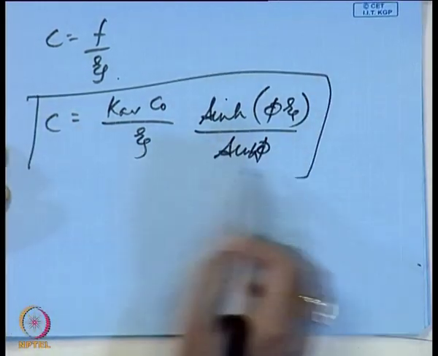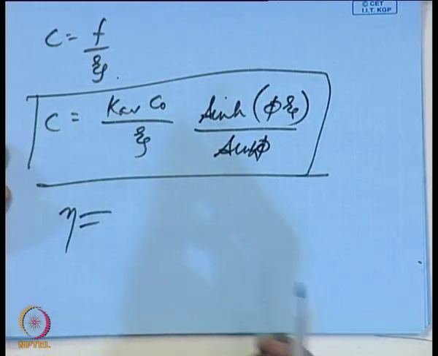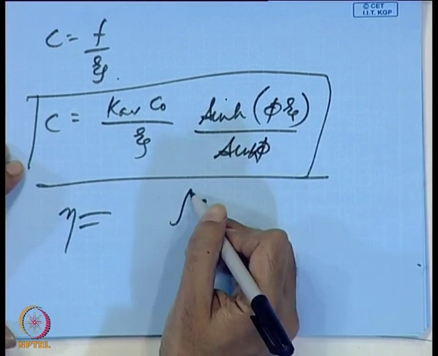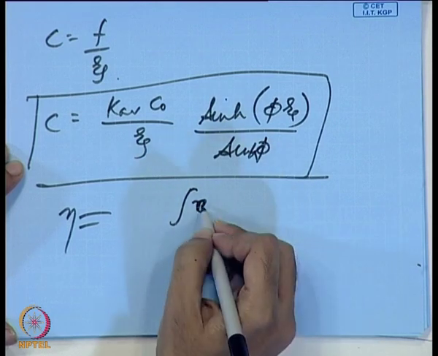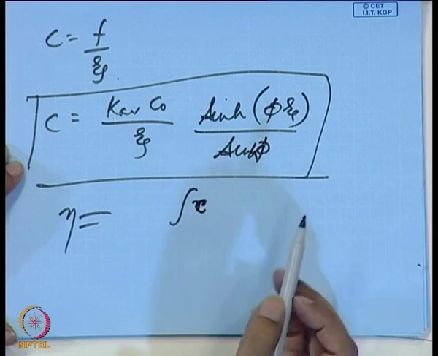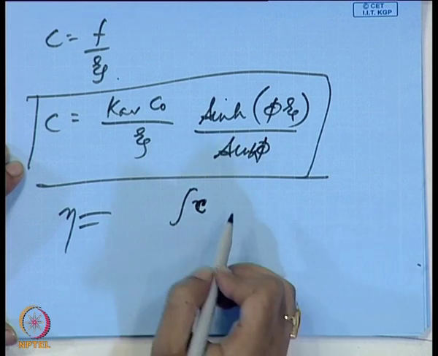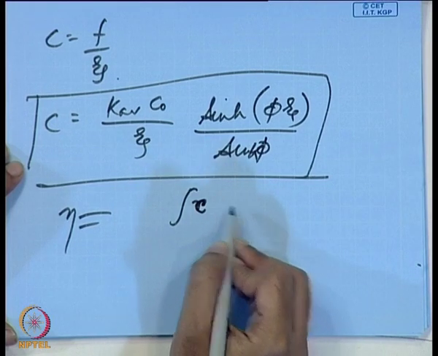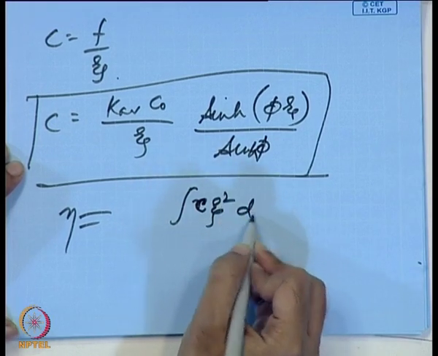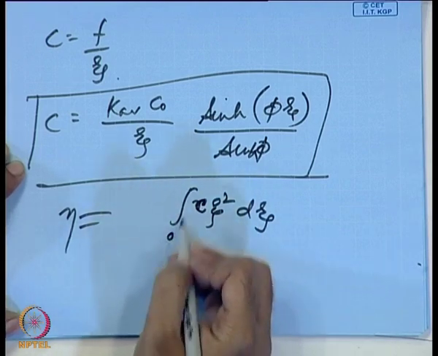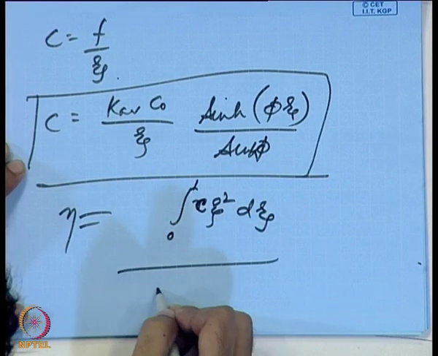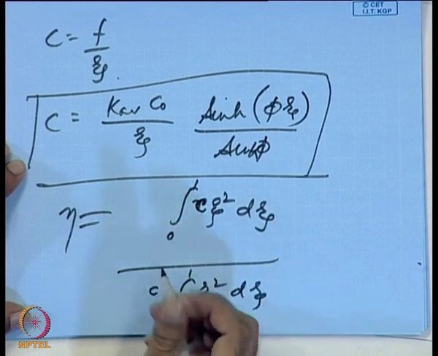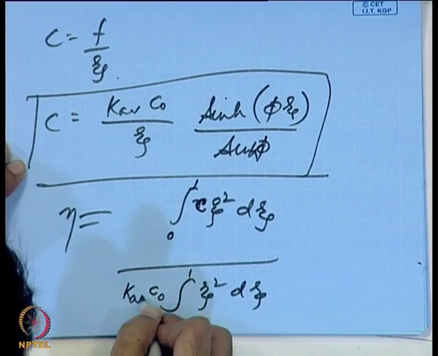This is straightforward. What is left is we have to calculate our eta. What is my definition of eta going to be now? C times 4 pi r square or psi square, whatever, from 0 to 1 divided by psi going from C naught kV.